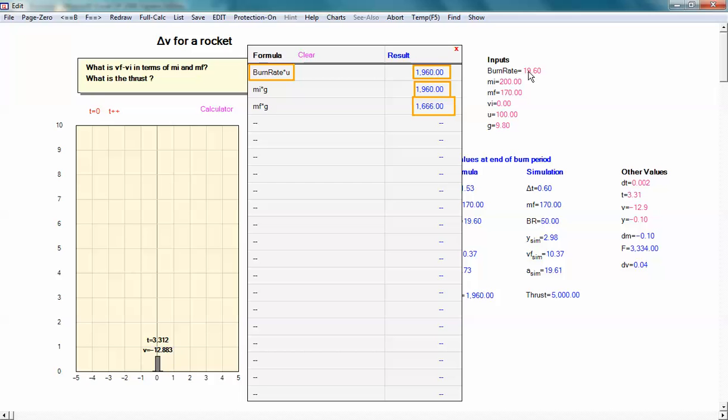If we do that, our thrust is equal to our initial weight. So the question is, what's going to happen to the rocket? Will it lift off the ground? You might think not, because its weight is equal to its thrust. But let's go over here and see what happens.